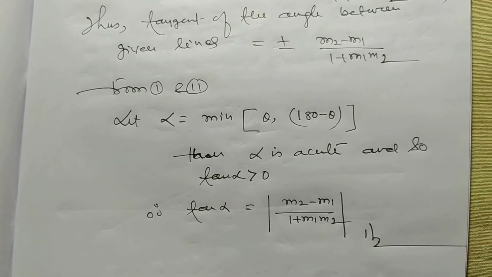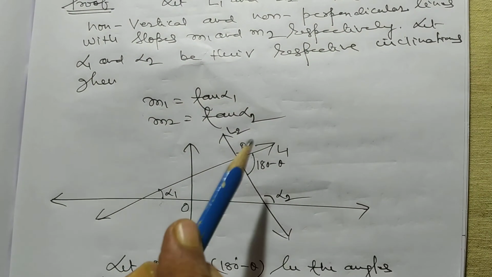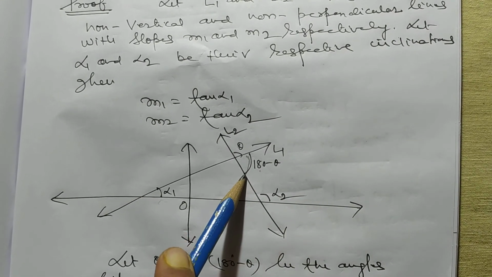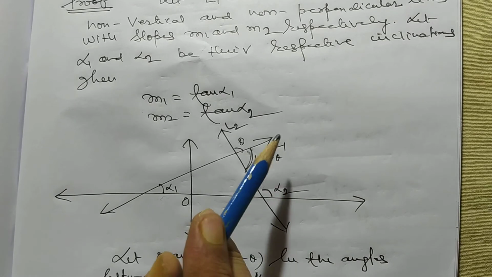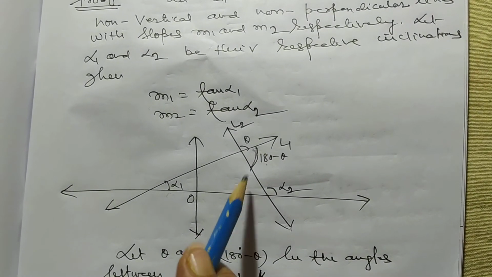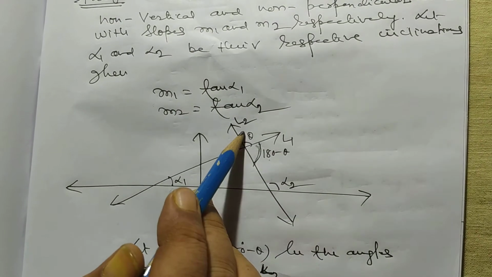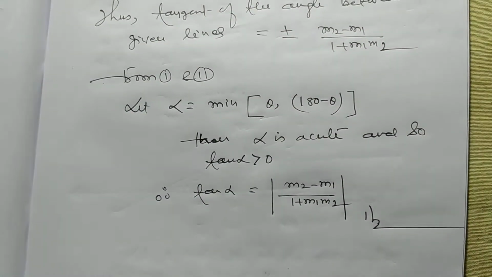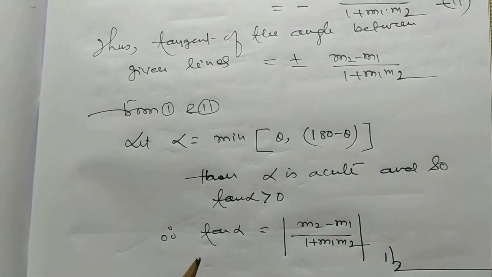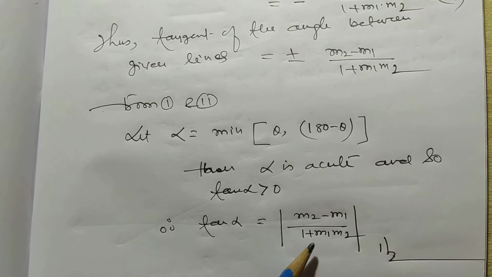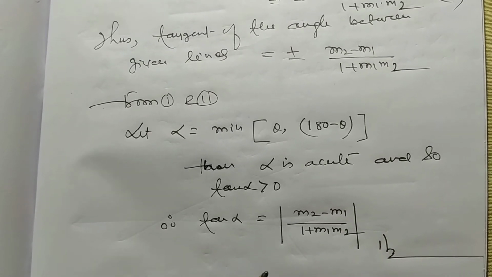Here, see the figure. What do you observe? This angle is acute and this is obtuse. When the angle between two lines is obtuse, then the sign of tan will be negative. And when acute, it will be positive. So now, my dear students, that's why here tan alpha is equal to the modulus of (m2 minus m1) by (1 plus m1 into m2).